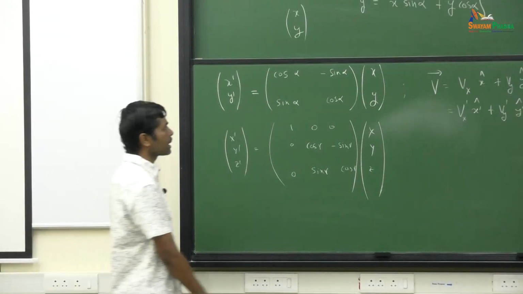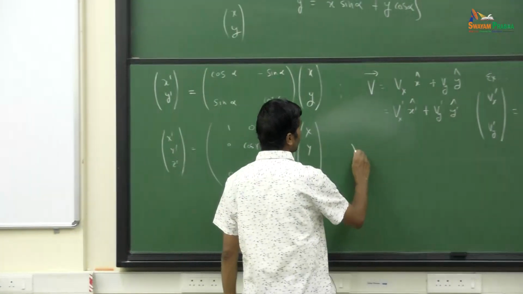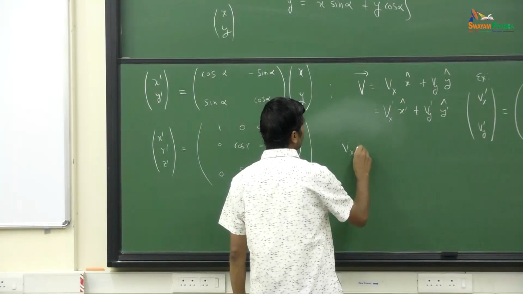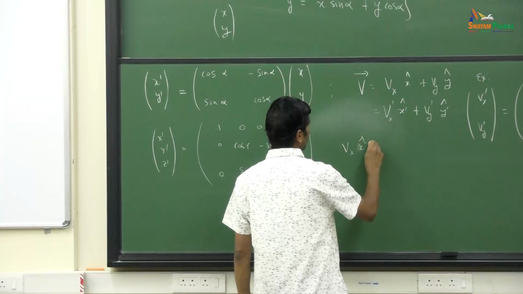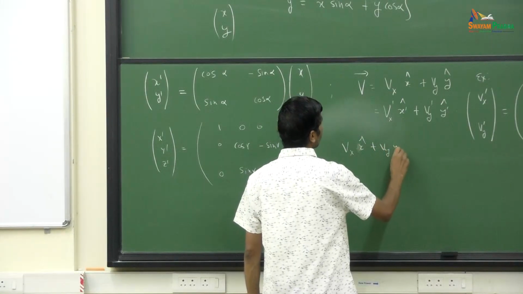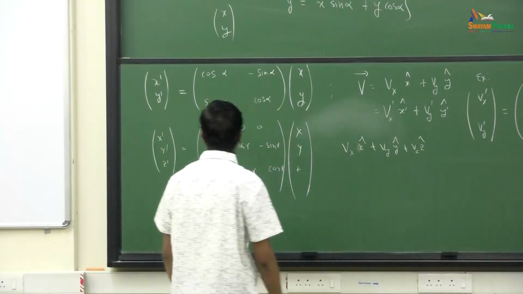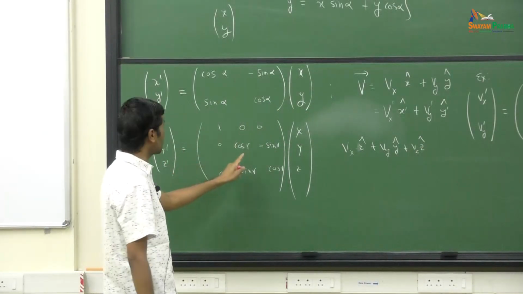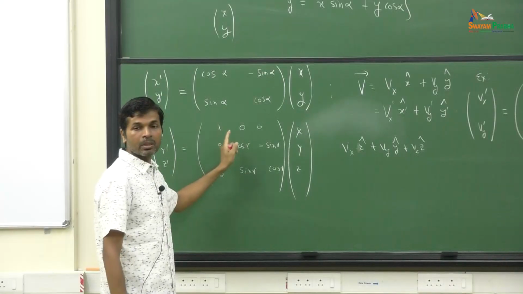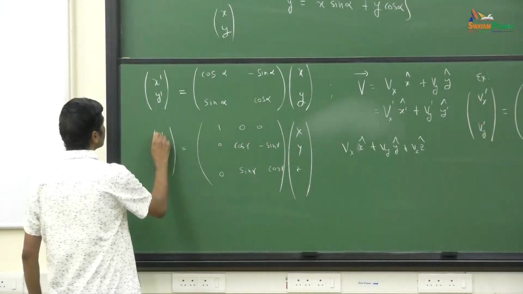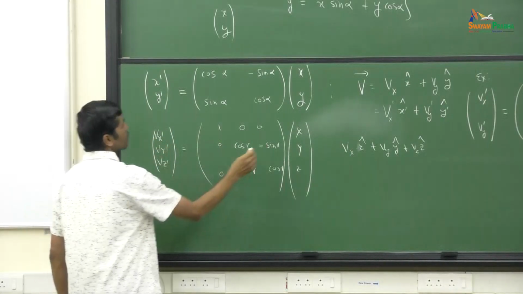For example, if you consider a vector in 3 dimensions like Vx x cap plus Vy y cap plus Vz z cap, and suppose you rotate it by an angle gamma about the x-axis, then this is how the components will transform.